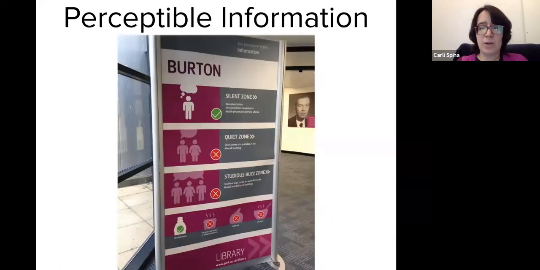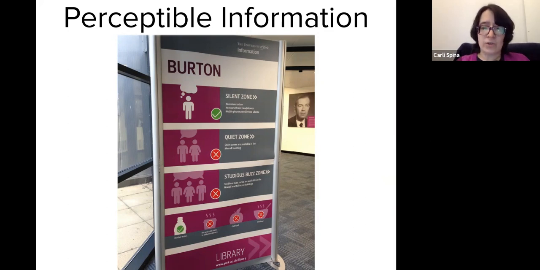And that goes along really well with perceptible information. You want to try to make things understandable to people on a lot of different levels. So this sign I've always thought is a really great example of this. This was the University of York. They designed a whole series of signs, actually. They not only had these large signs, but they also had little standees on the tables in the different zones that they had created.